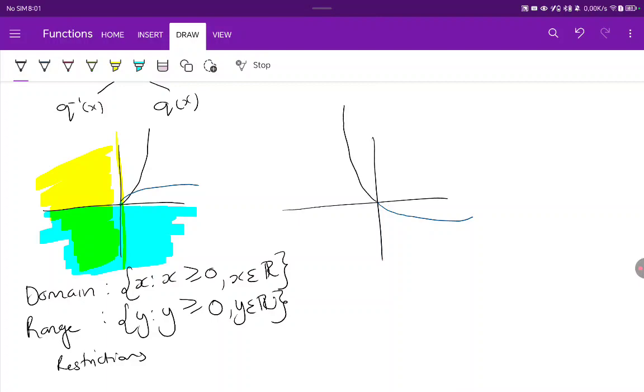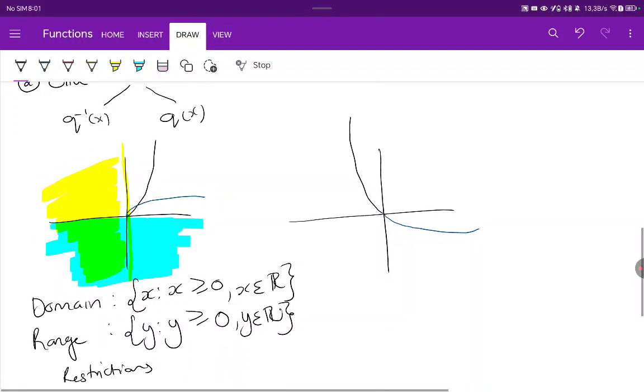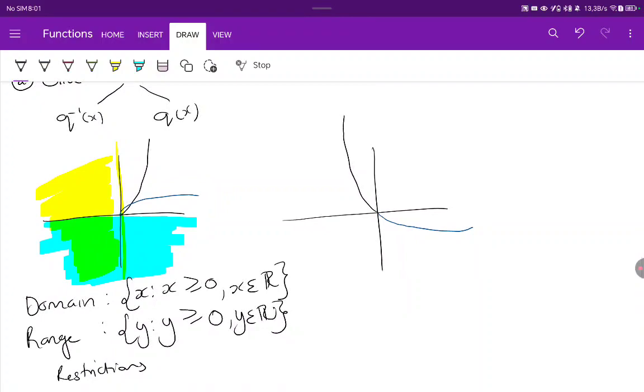Now let's look at the second one. If we wanted to do the same thing, we want to input restrictions that will allow us to have a function in both, right? Now this one is tricky.